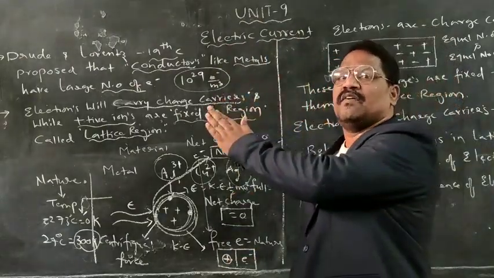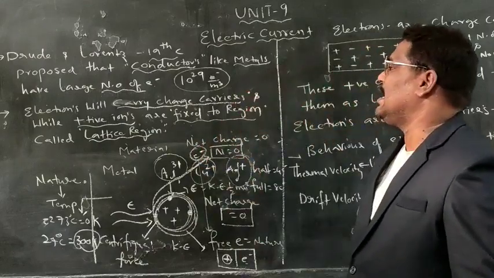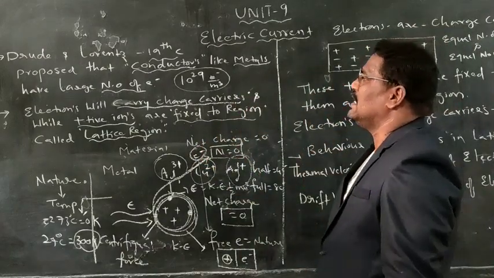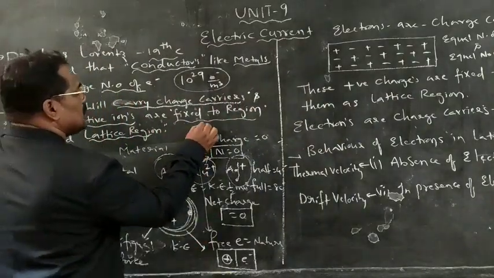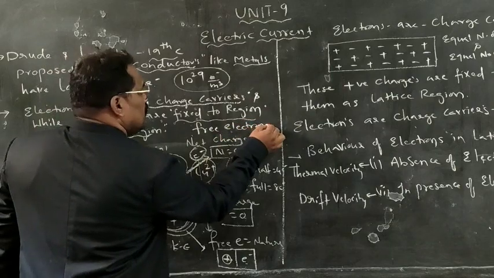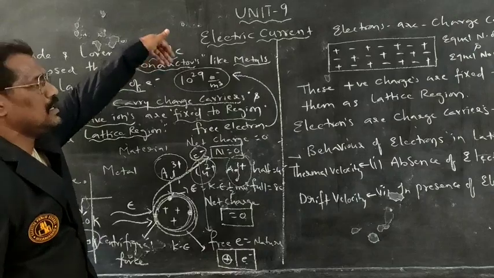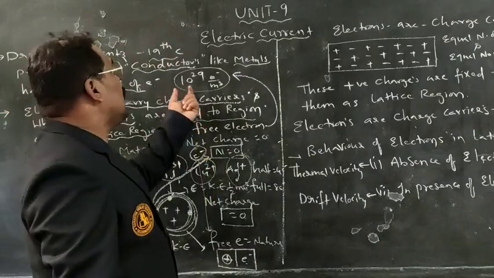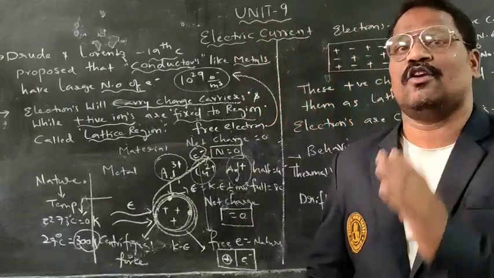As they move away, those electrons attain one nature. That nature is nothing but what? Free electron nature. Due to this free electron nature only, conductors have 10 to the power of 29 electrons per meter cube.